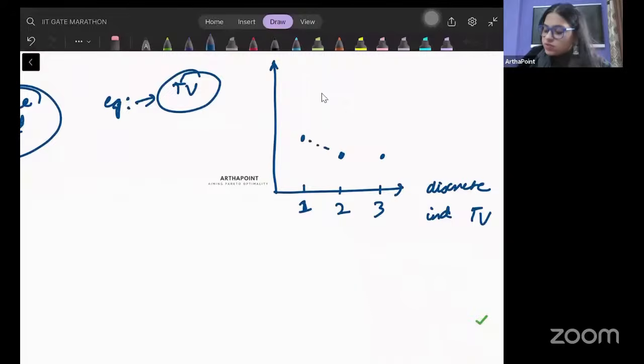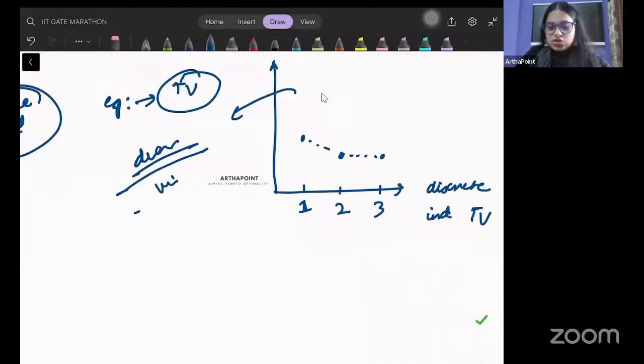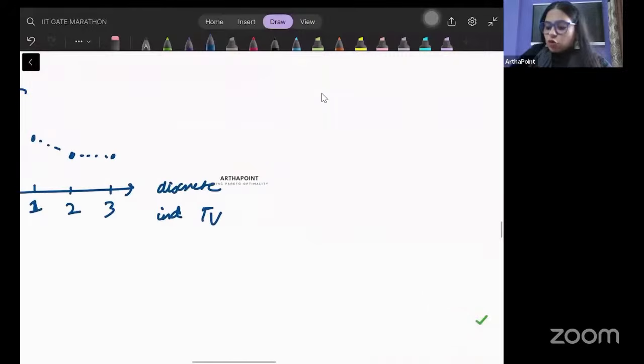You will be showing this with dotted line, representing that this is a discrete good. I can just consume it in fixed numbers, right? So just see this diagram once. It is there in the video lectures also, but you should be aware that discontinuity is possible. As if you talk about lexicographic preferences.